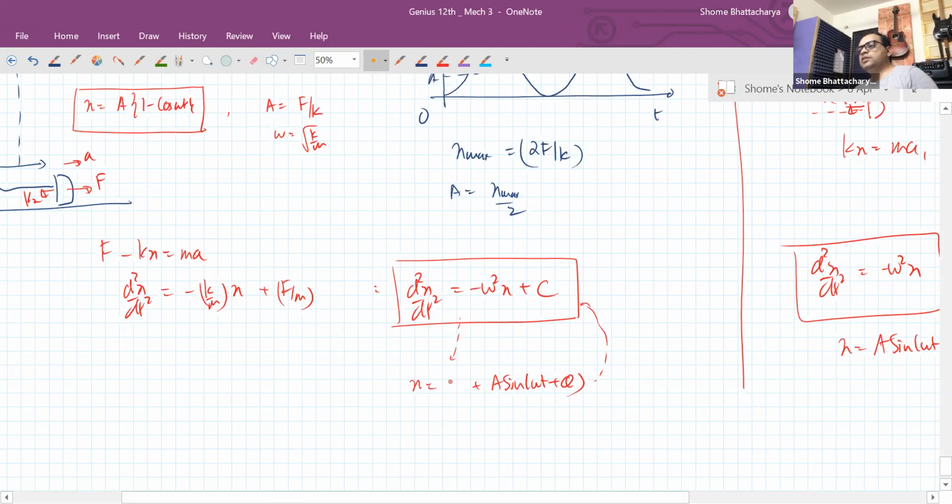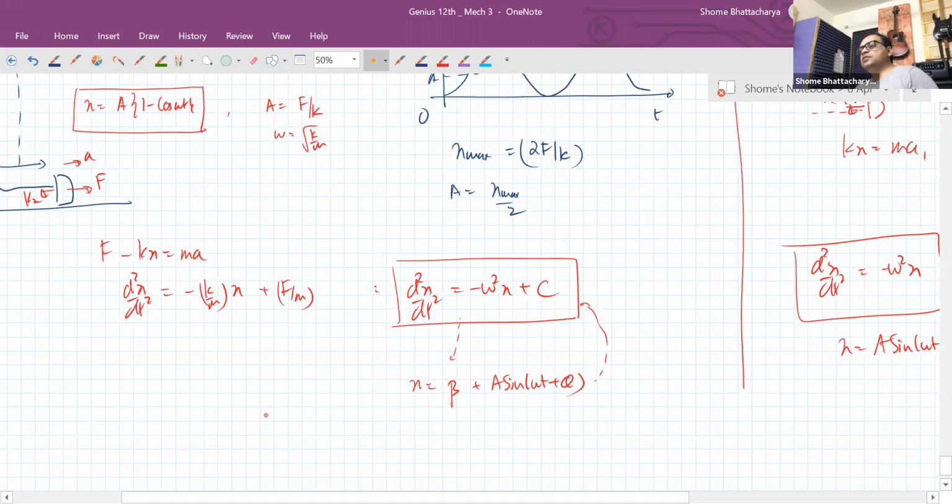We should not confuse with initial value of x. So let's say this constant is something else, like beta or something. Okay. So this is this type of a solution.